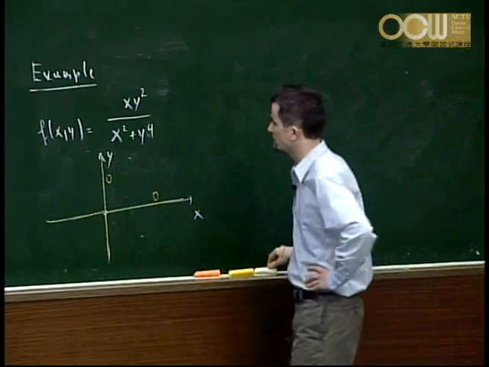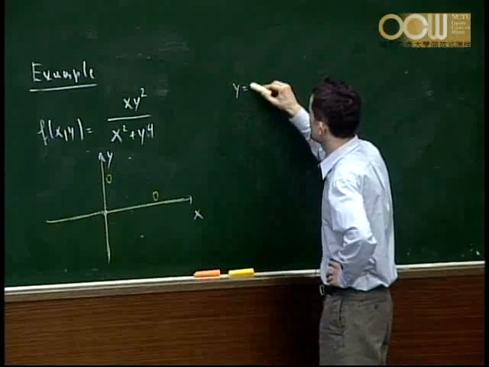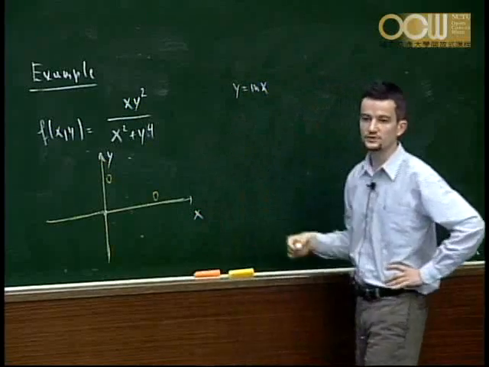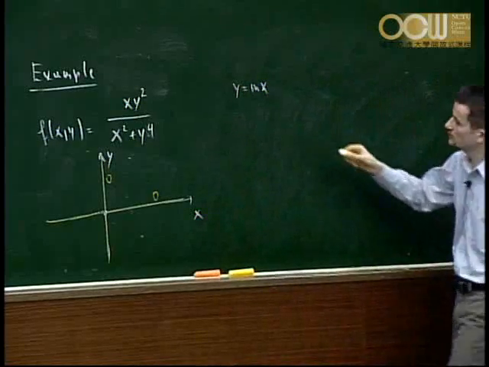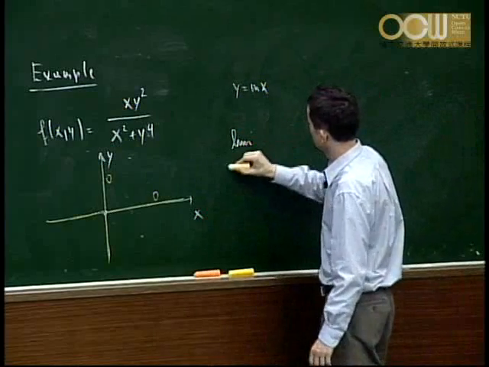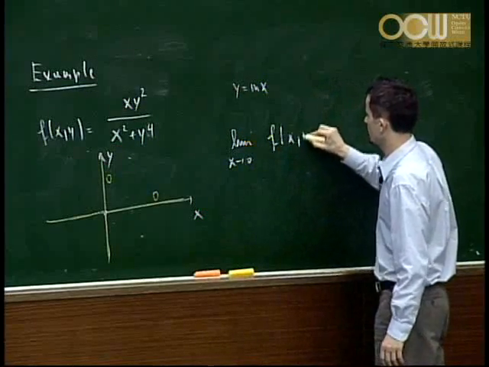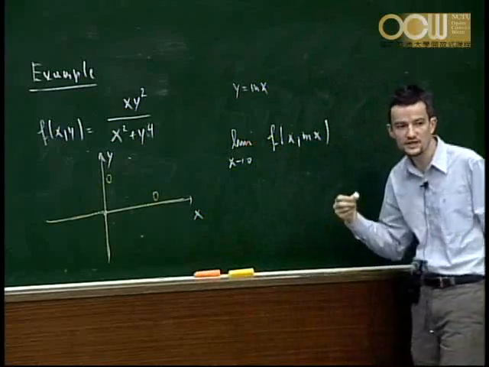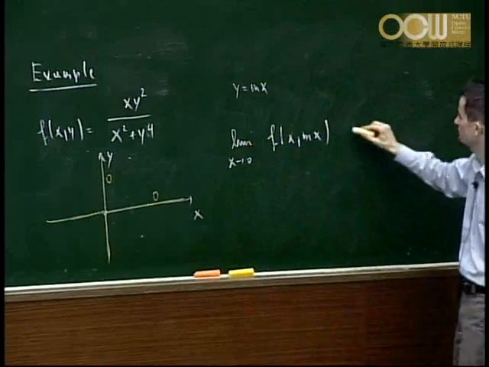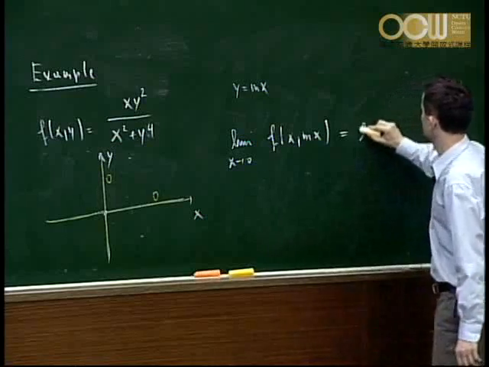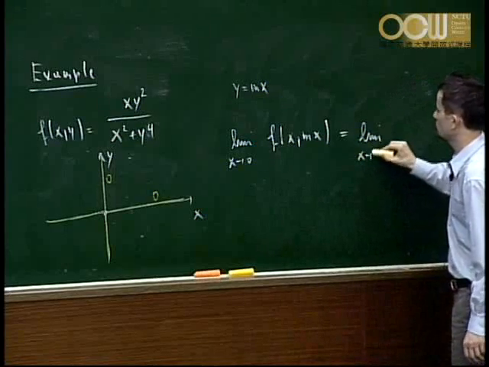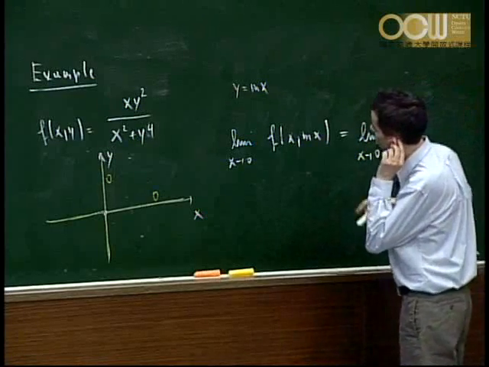If we choose any other line, y is equal to mx, any line going through the origin, and compute the limit as x tends to 0 of f of (x, mx). This means approaching along this line. Then what we get is, okay, the limit x tends to 0. Now we just plug this in here.